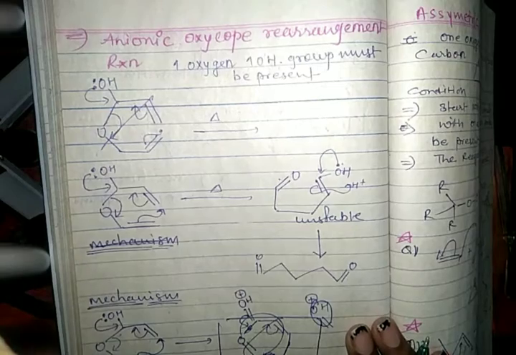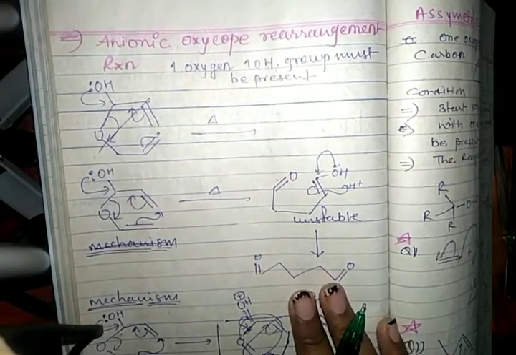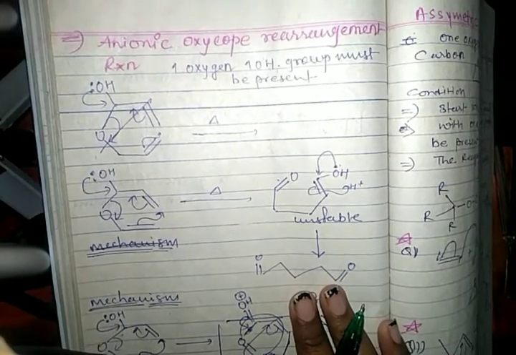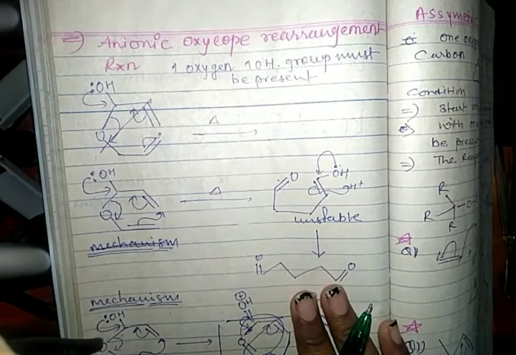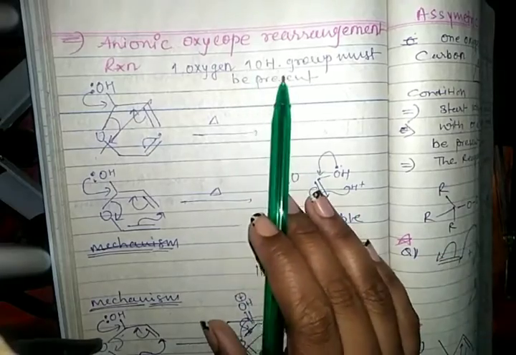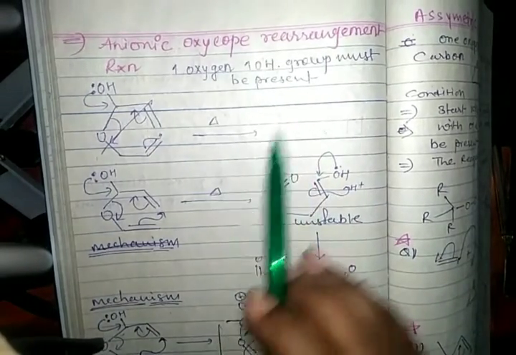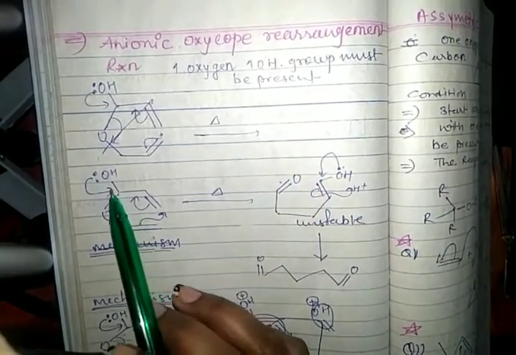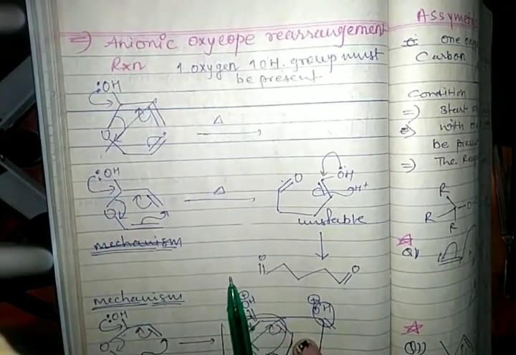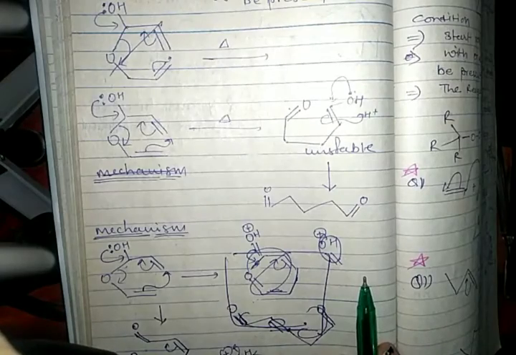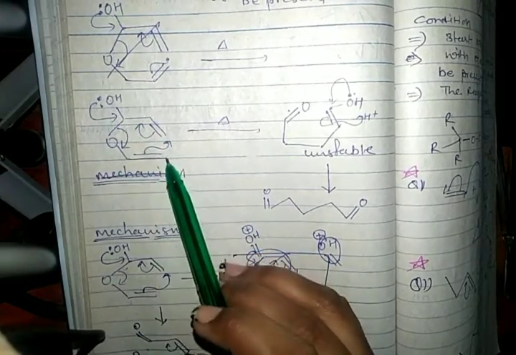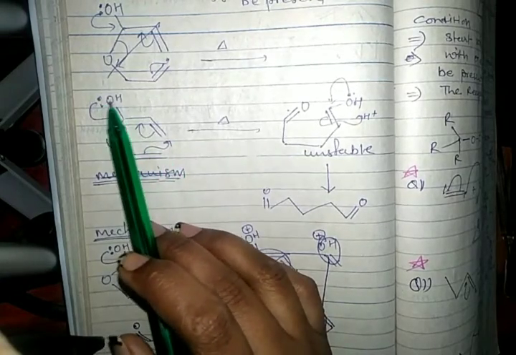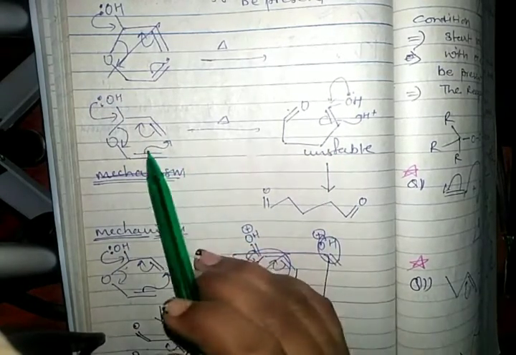Another sigmatropic rearrangement reaction is anionic oxy-Cope rearrangement reaction. It is also a 3 plus 3 sigmatropic rearrangement reaction. In this, one oxygen anion or hydroxyl group must be present. So this reaction proceeds in two steps at thermal condition. In this also pi bond shifted and one new sigma bond forms, and we get product.